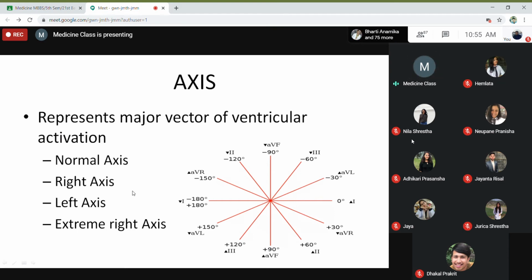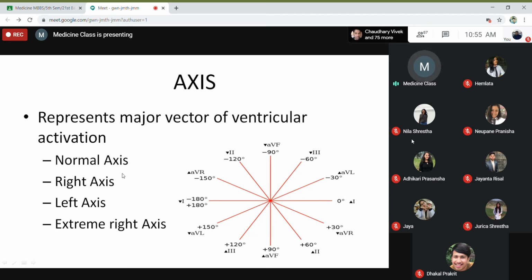Suppose there are two forces acting in this direction, and if another is acting in this direction, then the sum total of the movement of these forces will be somewhere here at 45 degrees. And this is what a vector is. So this is what an axis is in ECG.